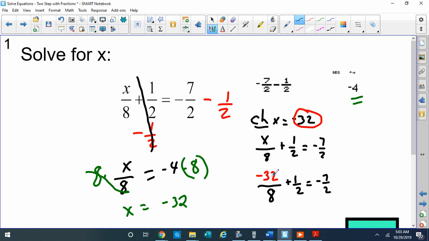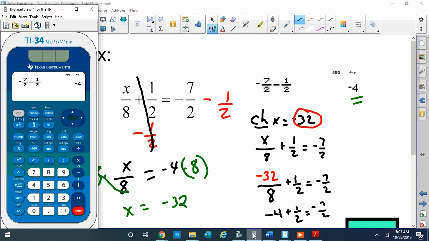All right? So -32 divided by 8, that'll give us -4, plus a half. That should equal negative 7 over 2. So let's see. Let me get my calculator.